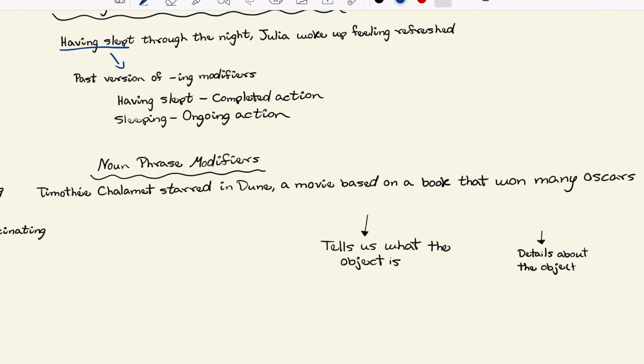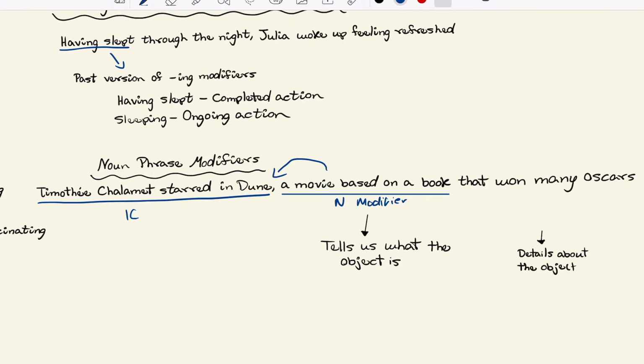Noun phrase modifiers, as I mentioned before, are modifiers that add additional information describing the noun. So for example, "Timothée Chalamet starred in Dune, a movie based on a book that won many Oscars." "Timothée Chalamet starred in Dune" is the independent clause, and "a movie based on a book" is the noun modifier, because it's describing Dune and basically telling us what Dune is.